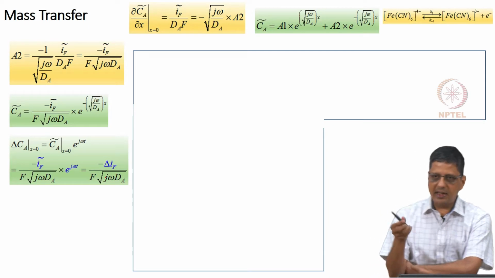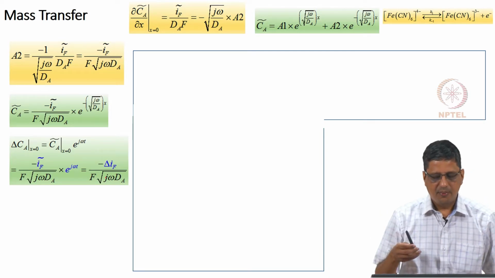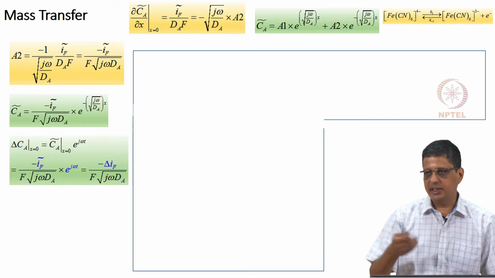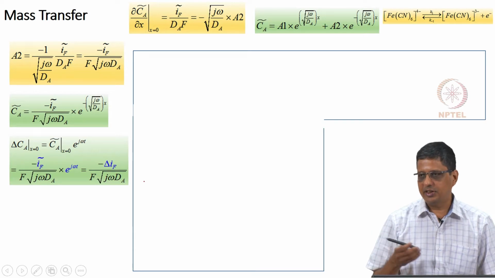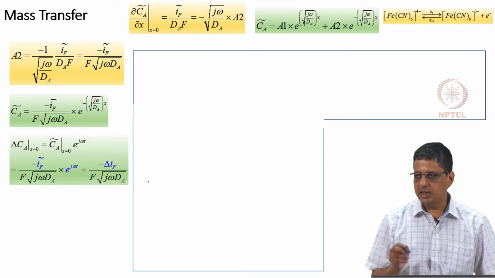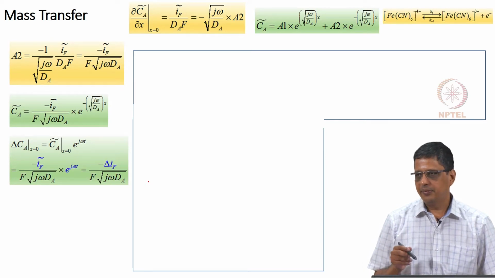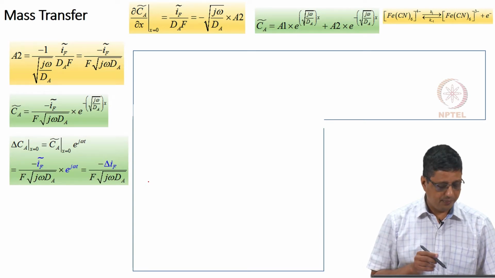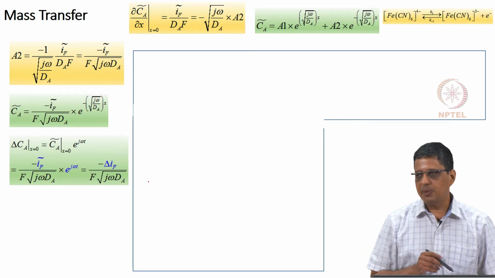Even if current and potential are in sync, concentration will have a difference. Because the concentration gradient is related, because mass transfer plays a role, we have a little more complex expression here.